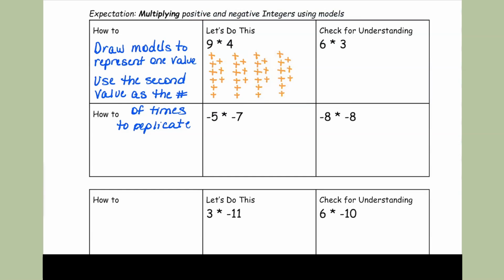So if I took that 9 and I drew that 9 out 4 times, I would have a total of 36 positive pieces. And the way that I can show that is that whole first section is that 1, the second section is 2, third section 3, fourth section 4. So I've drawn 9 4 times to give me a value of 36. All of this is positive because they are the same sign. A positive times a positive is a positive.